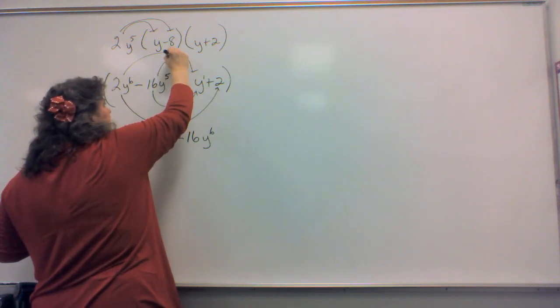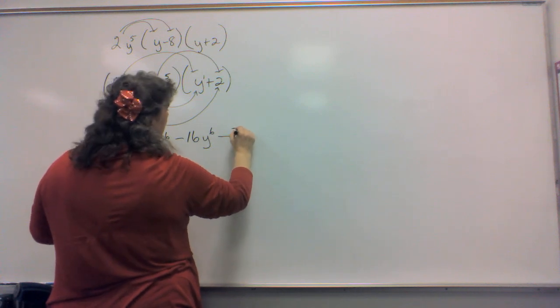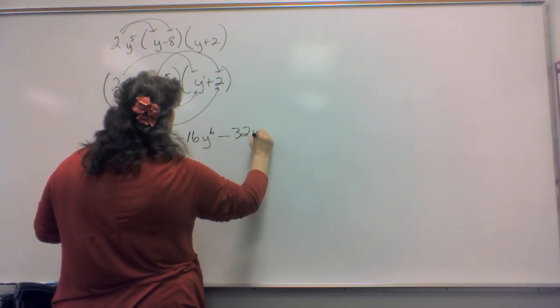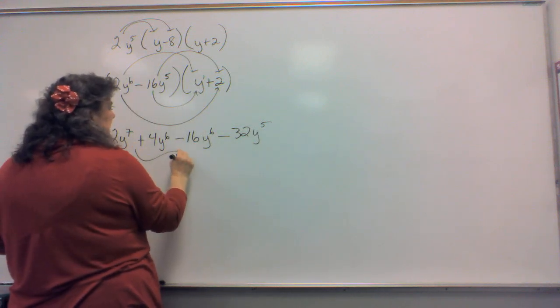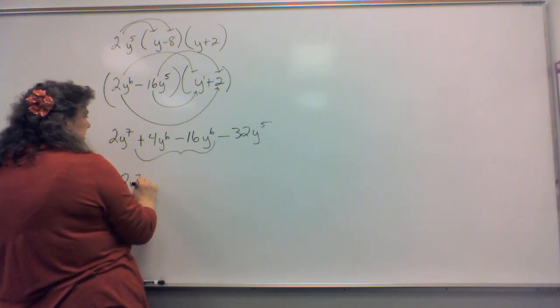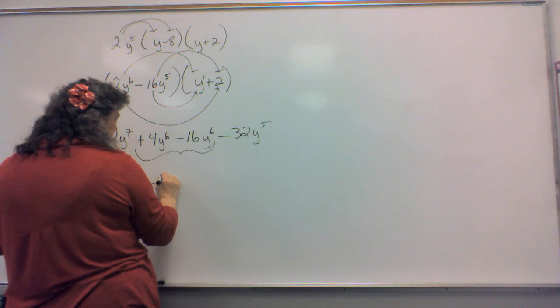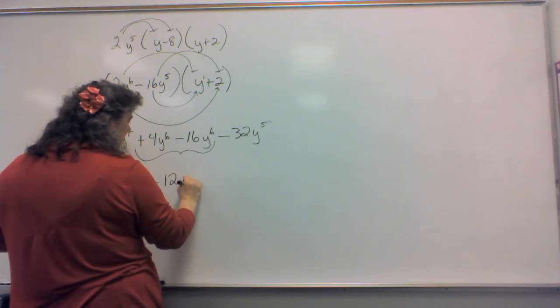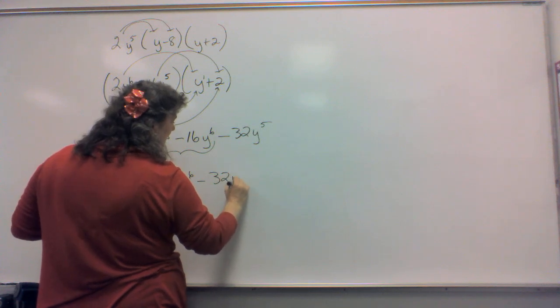And negative 16y to the fifth times 2 is minus 32y to the fifth. Okay, now we have two like terms we can combine. So 2y to the seventh, minus 12y to the sixth, minus 32y to the fifth.